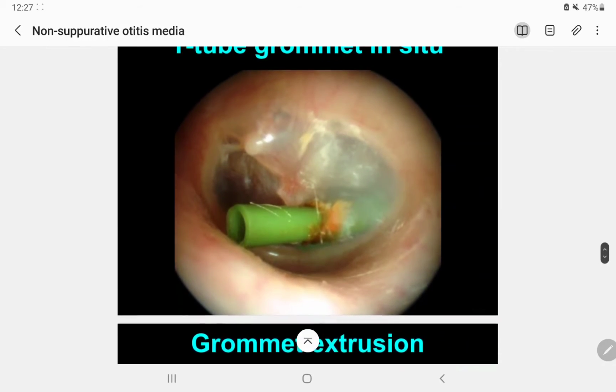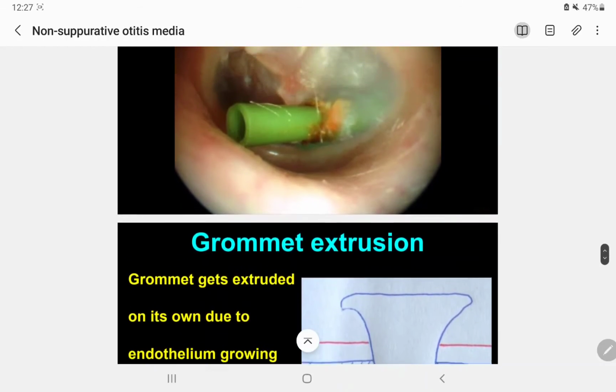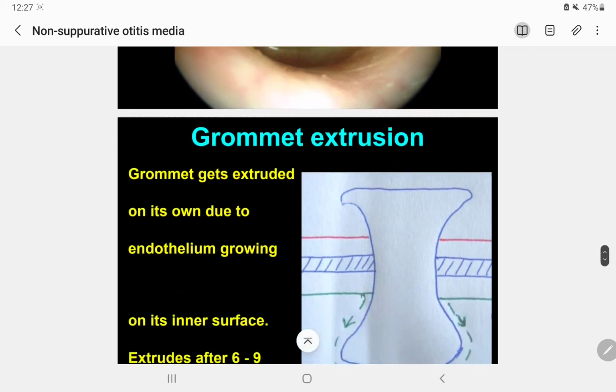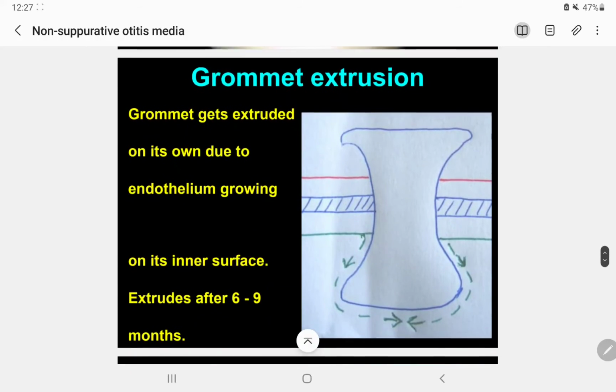So this looks very painful, but it isn't. It is very comfortable, and this is a very good figure. You know, how does the grommet come out? You are not going to take out the grommet individually, right? So extrusion. The grommet gets extruded on its own due to the epithelium growing.